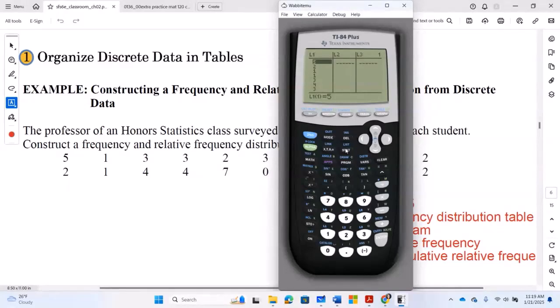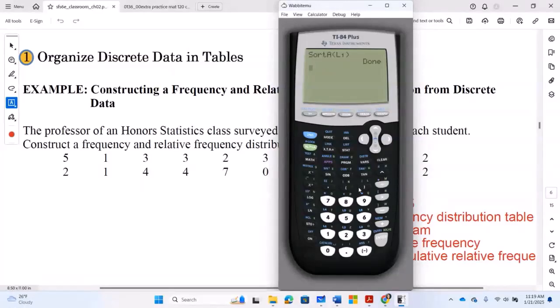I'll ask my calculator to sort it: Sort Ascending, which is number 2, and it's asking me in which list is the data you want to sort. It's in list 1, so I say list 1. And it tells me done. It is sorted in ascending order.